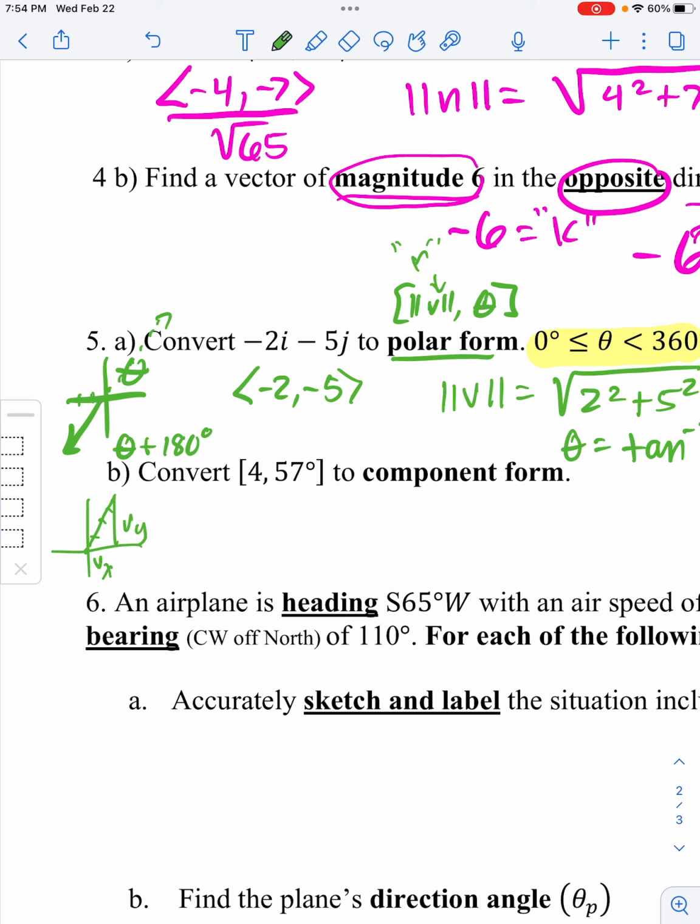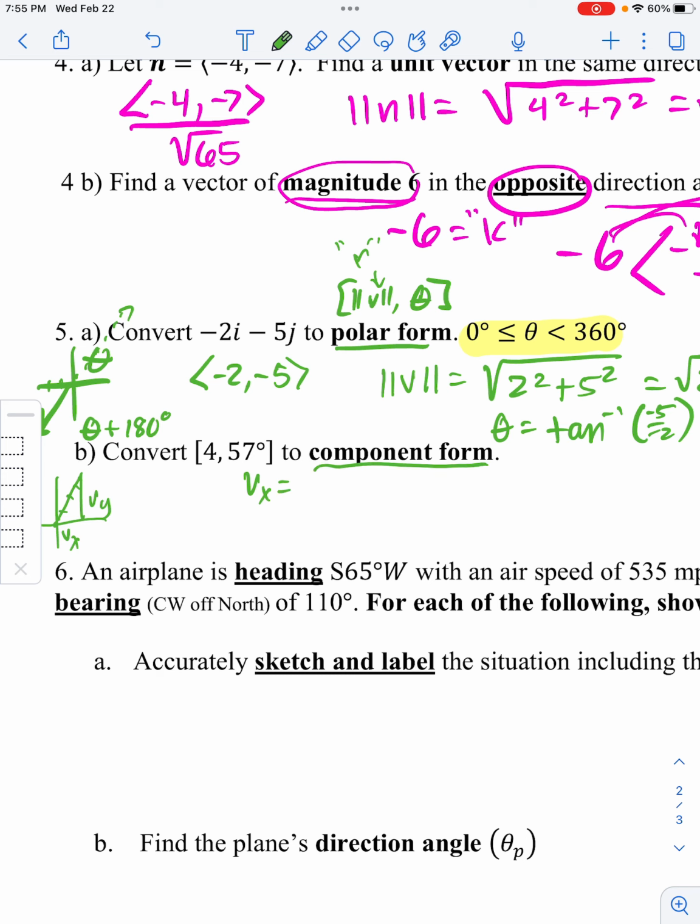So my x component for component form is going to be my magnitude, which is this guy, times the cosine of the angle. So 4 cosine 57, 2.18. Okay, then what about my y coordinate? I'm going to be doing 4 times the sine of 57.